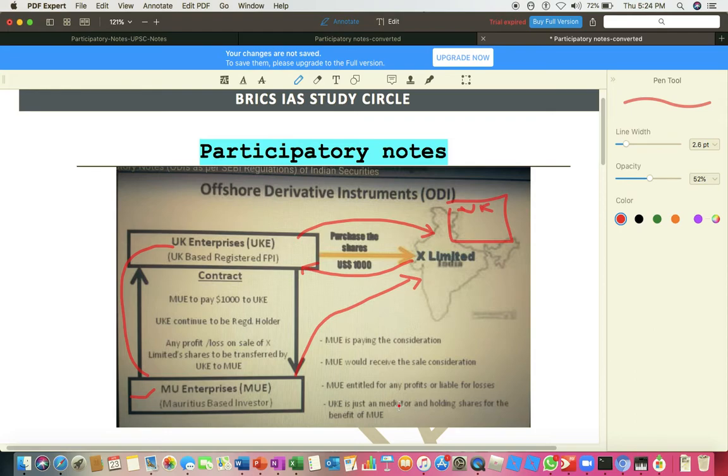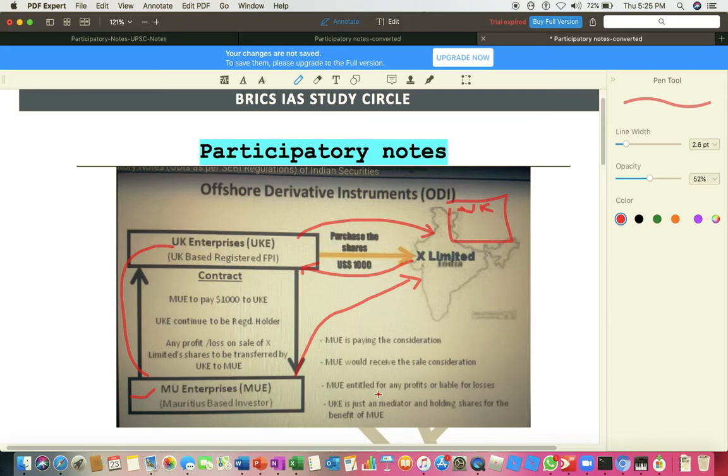So there are four important things. Look at this. MU Enterprise is paying the consideration when UK Enterprise bought the shares for MU Enterprise. MU Enterprise would receive the sale consideration. That means whenever the shares are sold by UK Enterprise, whatever sale proceeds or revenue is earned from selling the shares will be transferred to MU Enterprise.